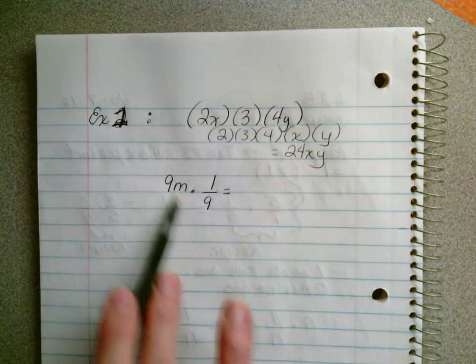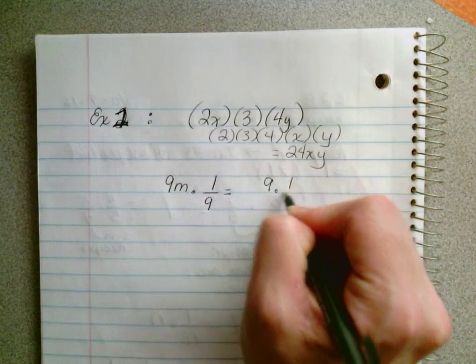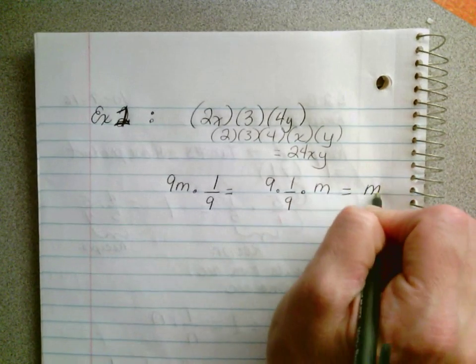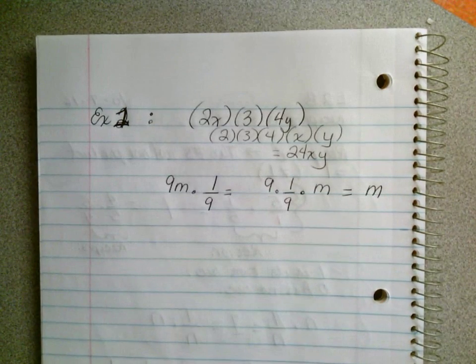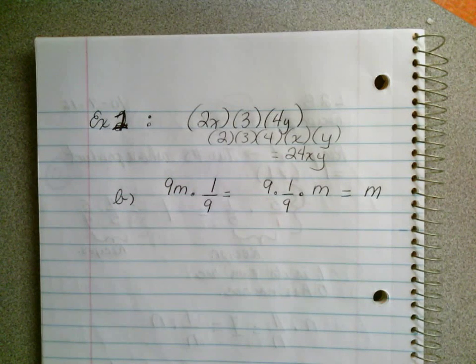We can rearrange the numbers just like we did up here to look something like this. Your answer is going to be 1m for this case. So we basically cross cancel. Yeah, exactly right.